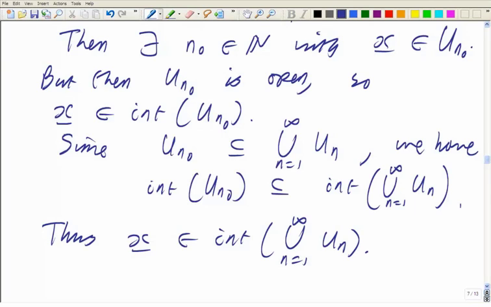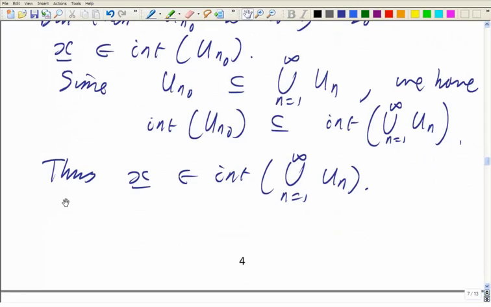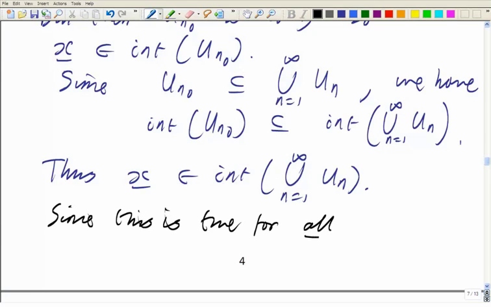Now, strangely enough, that's exactly what I said we had to prove. We've shown that whenever x is in the union, it's in the interior of the union. So since this is true for all x in the union from n equals 1 to infinity of U_n, that union is open.